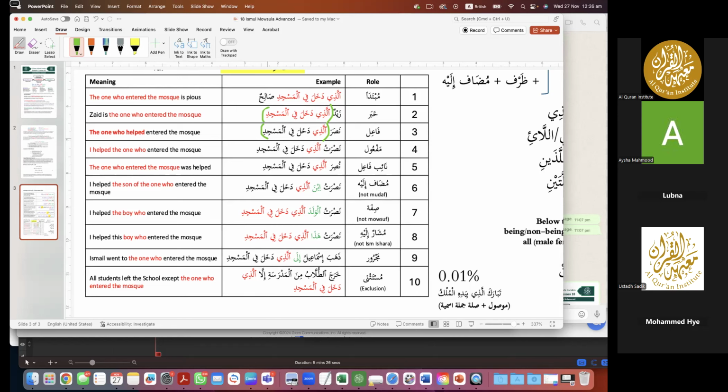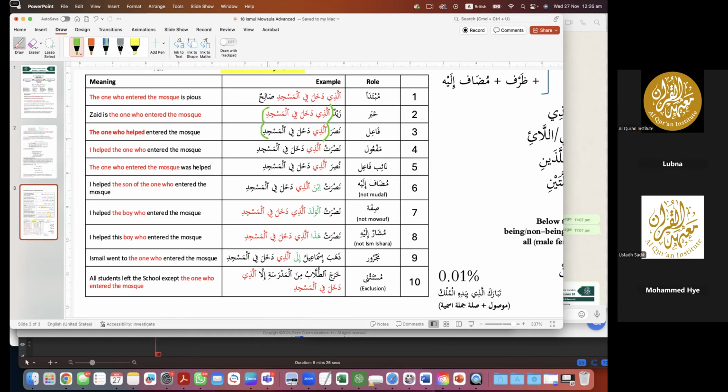If it is Nasratu, fail, Sanika, what comes after the fail? Maf'ul. Now, the Maf'ul is Allazi dakhala fil masjidi: I helped the one who went to the mosque, which is the Silatul Mawsul, dakhala fil masjidi. Any problem, Sanika? No. MashaAllah.